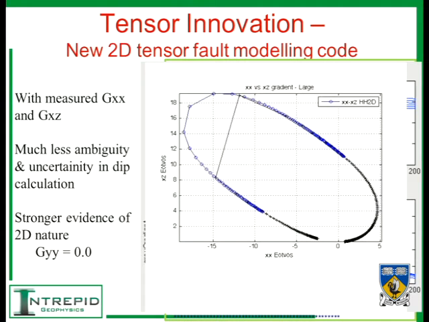But magically, and this took a while for us to hit, there turns out to be an elliptical relationship between the xz, the vertical component of gravity going across, at right angles right across the fault, and the horizontal gradient going across the fault.